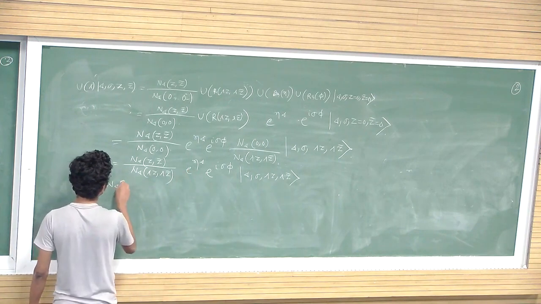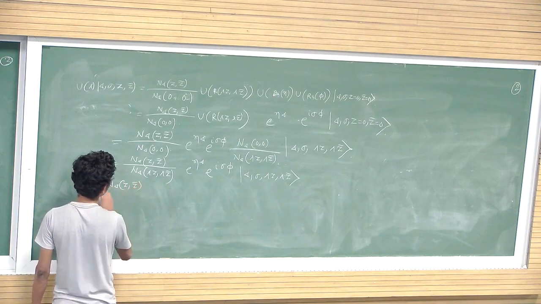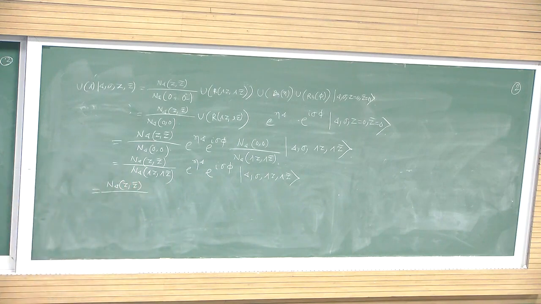So n delta... Sorry, why are you ignoring this part, 1, 0, beta 1? That's what I explained: these are responsible for the generators, so these are the special conformal transformations, right?